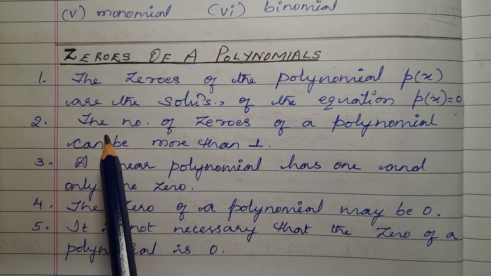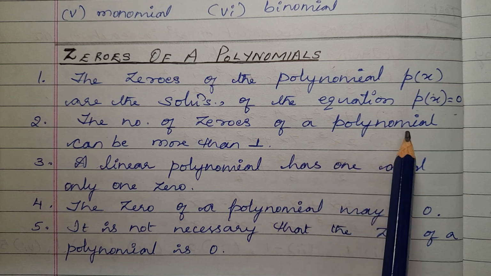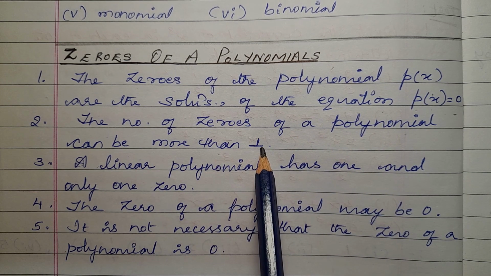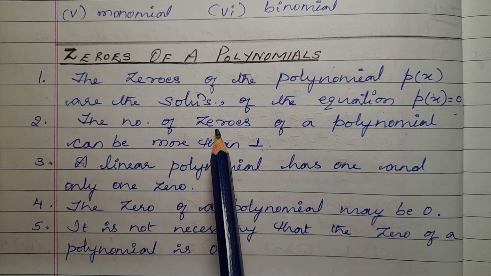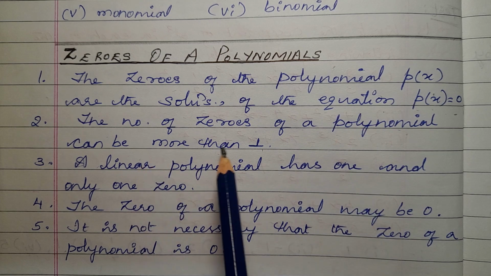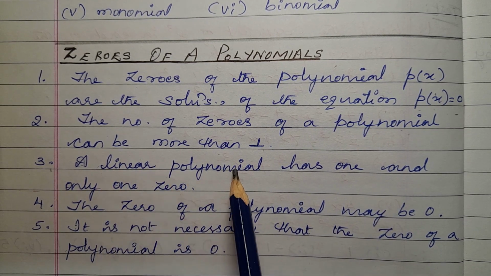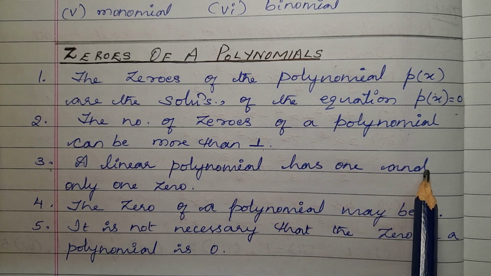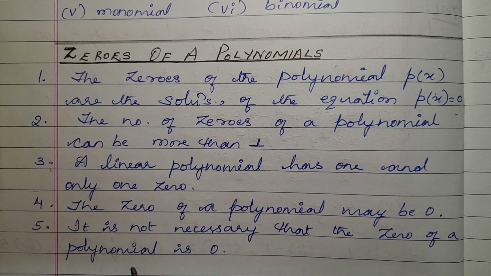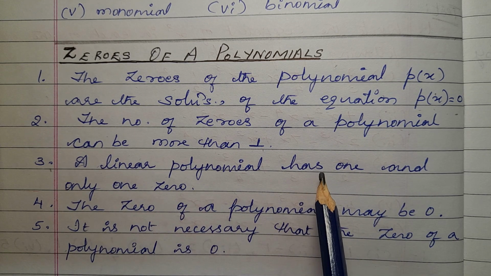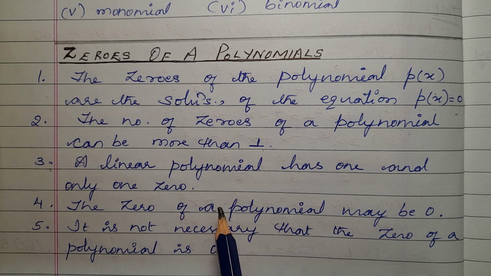Second point, the number of zeros of a polynomial can be more than 1. Third point, a linear polynomial has one and only one zero.